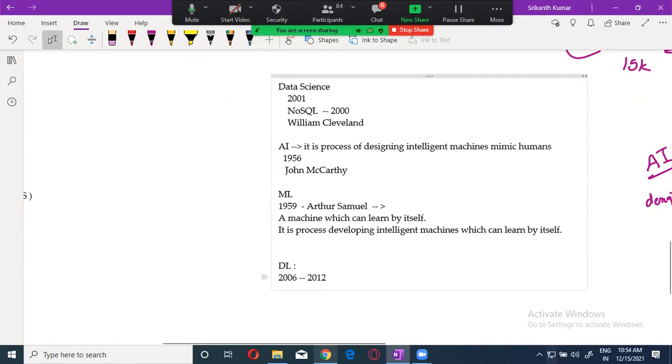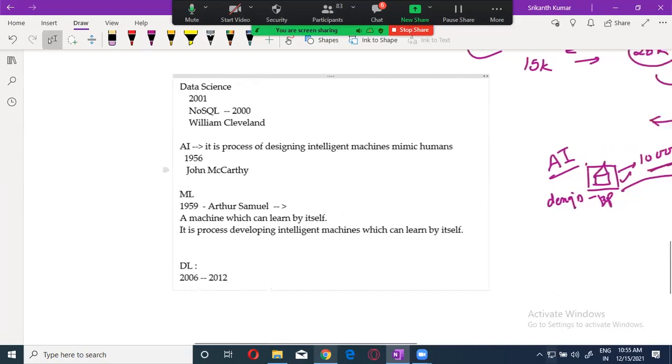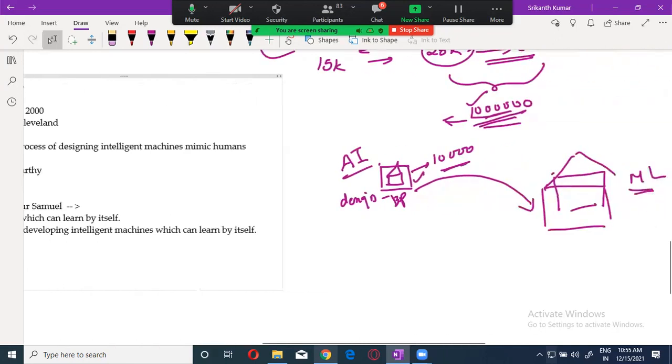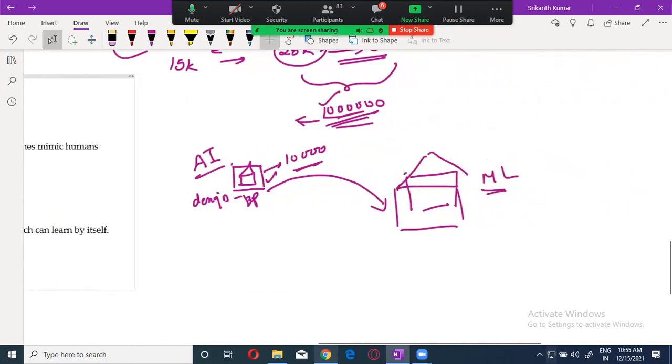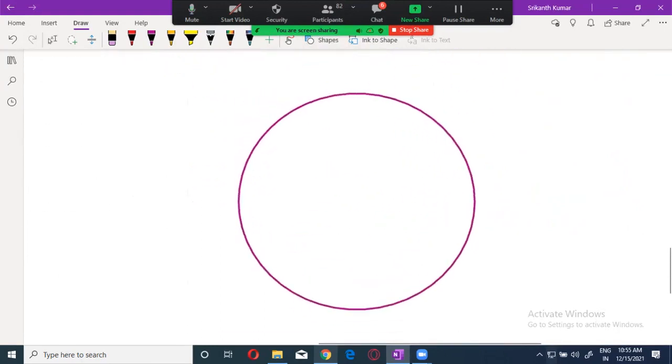Deep learning is nothing but an advanced version of ML. The problems which were not solved by ML are the ones which are solved by DL, that is deep learning. Now how I can represent this in a graphical way is, if you take it like this, this is my data science.